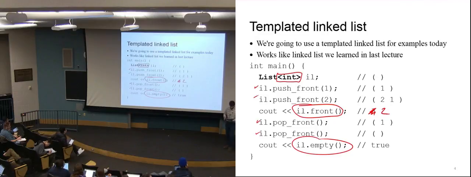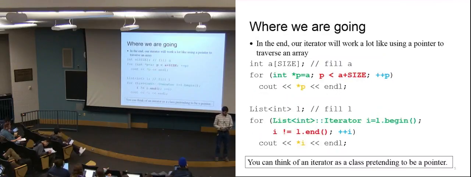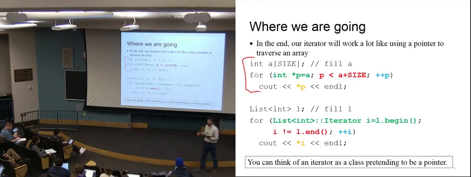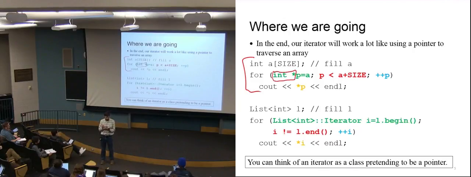All right. So here's where we're going. Focus on this part. This is what we have done using traversal by pointer. This is one of the reasons I wanted you to learn traversal by pointer. Remember, instead of an int, we create a pointer variable. The pointer variable starts at the beginning, keeps going while it's less than the end.